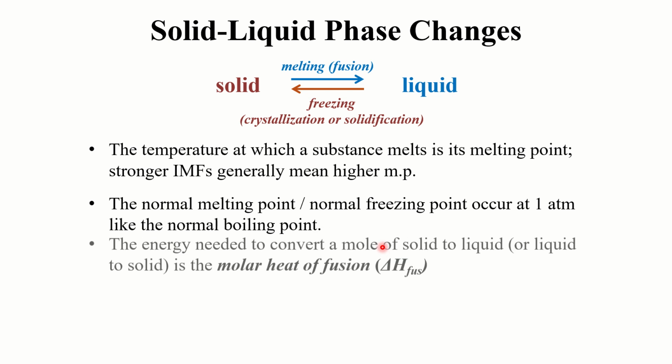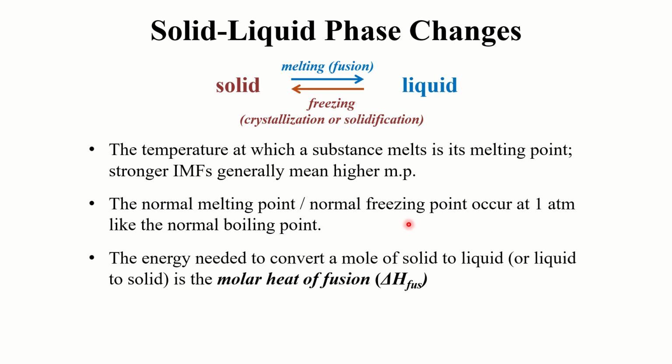The normal melting point or normal freezing point occurs at a pressure of 1 atmosphere, just like the normal boiling point does. The energy needed to convert a mole of solid to liquid, or the reverse, is called the molar heat of fusion. So we use the term vaporization for the process of converting a liquid to a vapor or a gas. Now we're going to use the term fusion for converting a mole of something from a solid to a liquid.